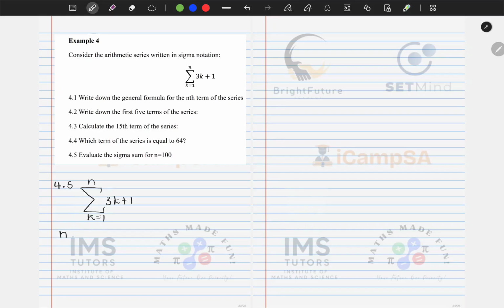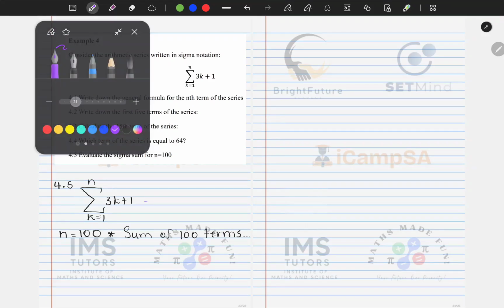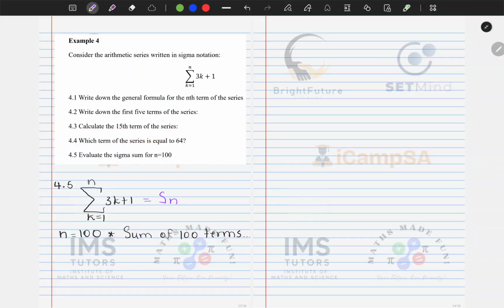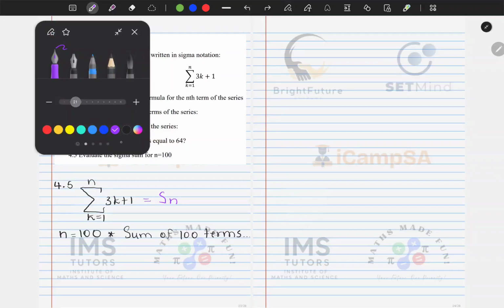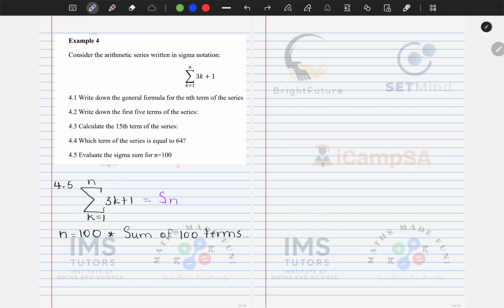So now all what they are saying is that n is 100. What that means is that we are looking for the sum of 100 terms. And remember I said your sigma notation is just the same as the sum of however number of terms which you have there. And remember, we are still working with our arithmetic series.